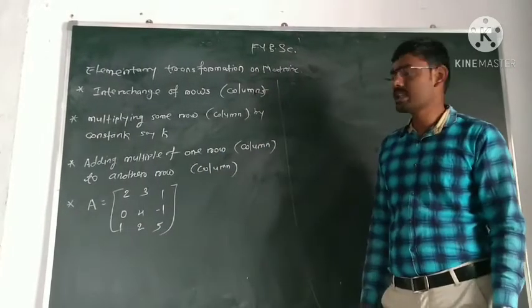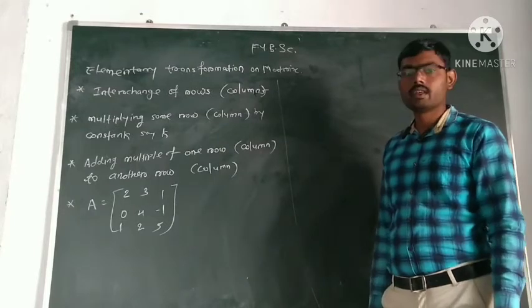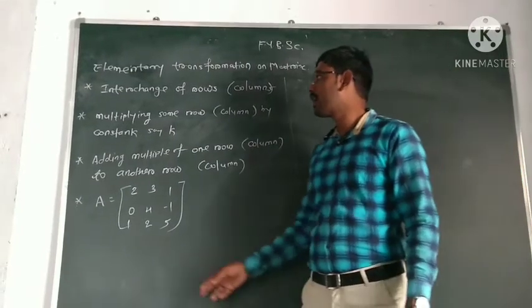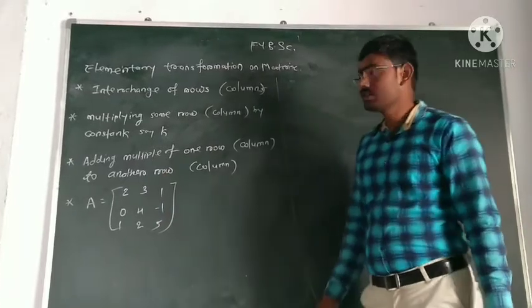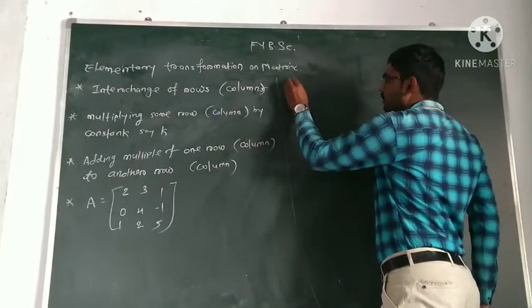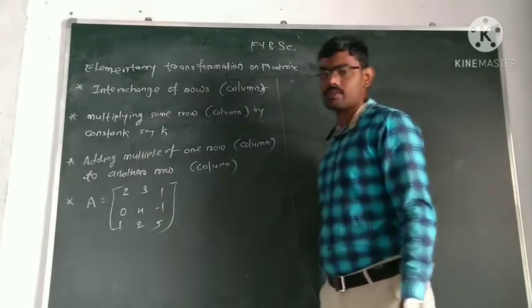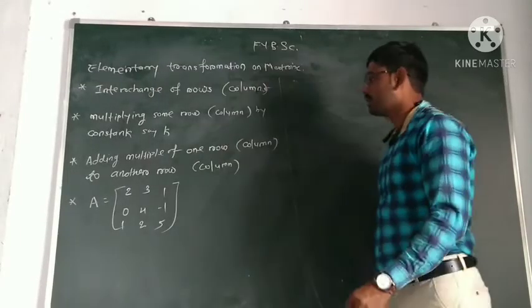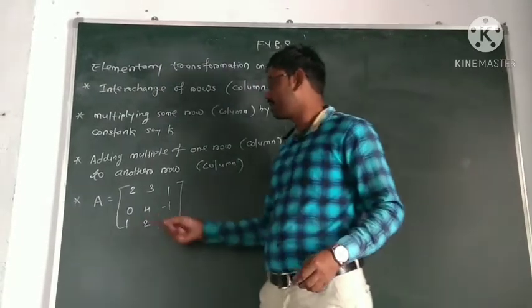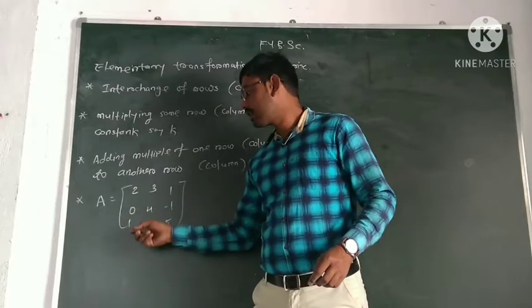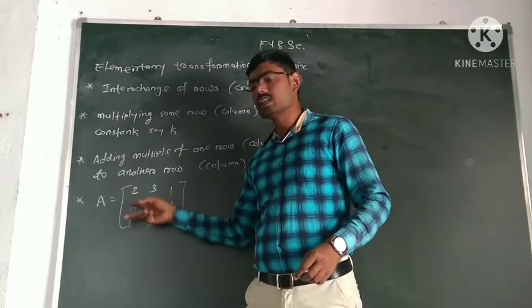This is a 3 by 3 matrix. We will apply some elementary transformations on this matrix. First, we will interchange the first and third row.